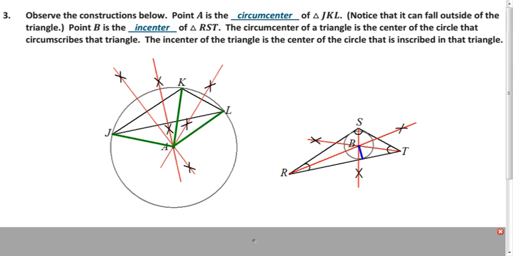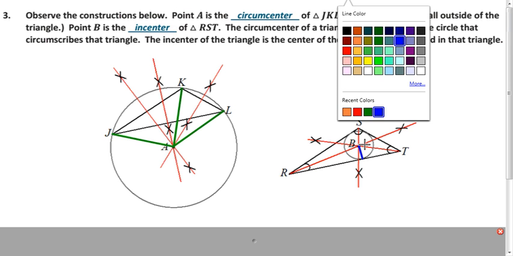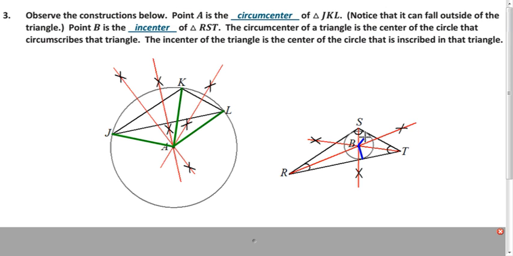If we look at the incenter now, we can draw a circle that's inscribed inside the triangle, so it touches each side exactly once. And if we draw those radii in, draw them in blue, it should look like this. So that's why we call it the circumcenter and the incenter. Here we have a circumscribed circle, and here we have an inscribed circle.